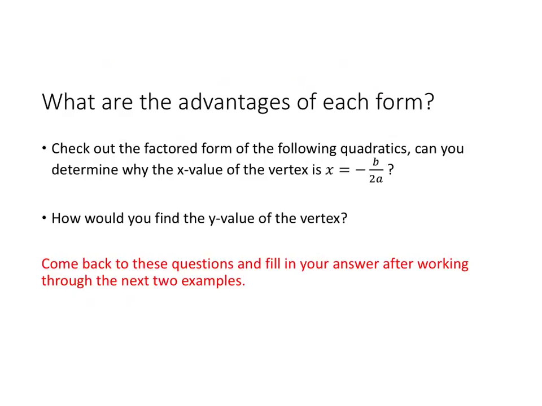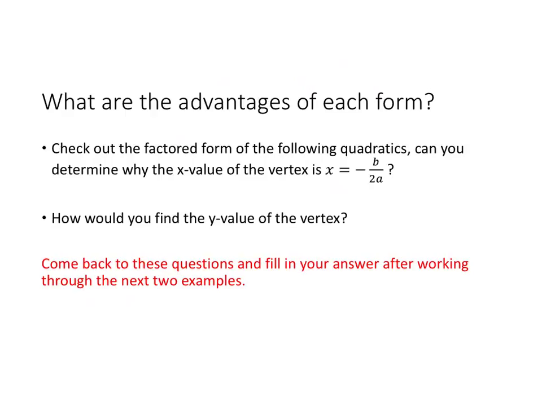So now what we want to do is look at the differences between the two and look at what the advantages of each form are. And to think about this, I want you to check out the factored form of the following quadratics that we're going to do. We're going to do a couple of examples coming up, and I want you to try to determine why the x value of the vertex is minus b over 2a.